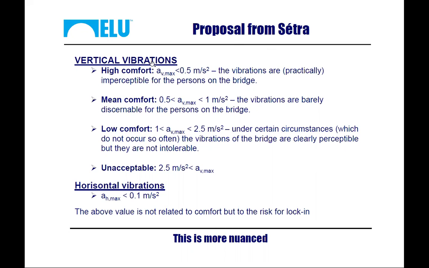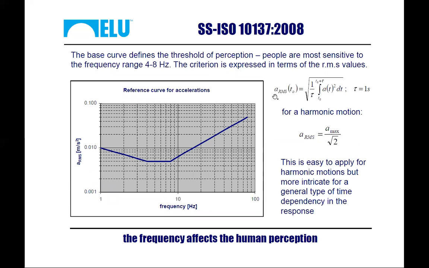All these vertical and horizontal vibration values are, as I said, proposals from the group of French researchers. They have now found their way into the Eurocode, and practically most of Europe uses these proposals and these criteria.